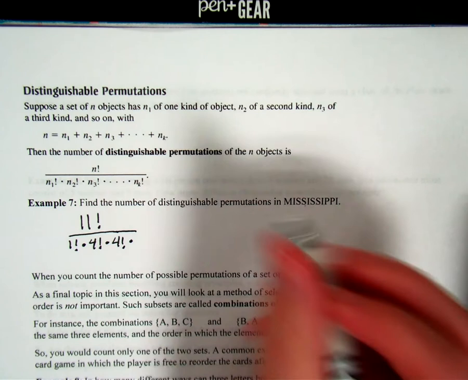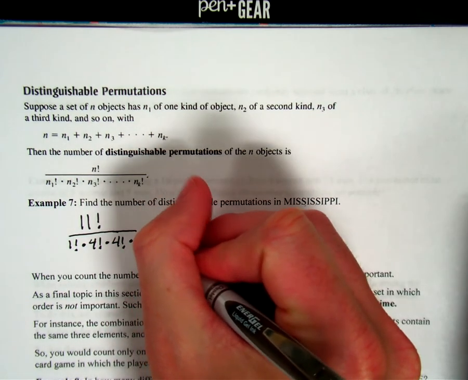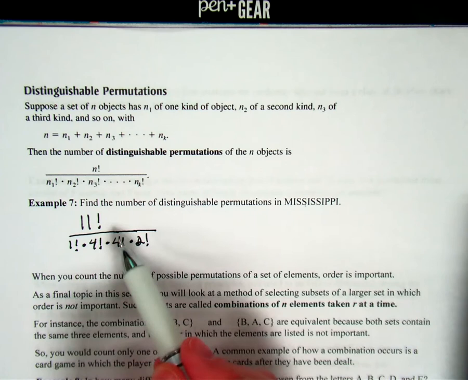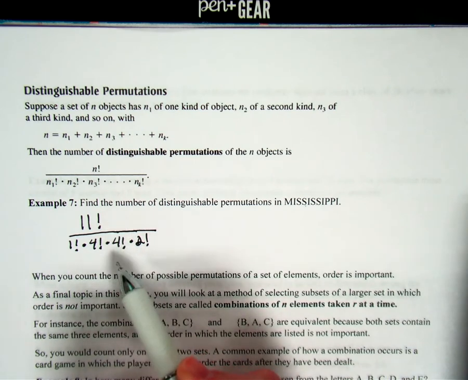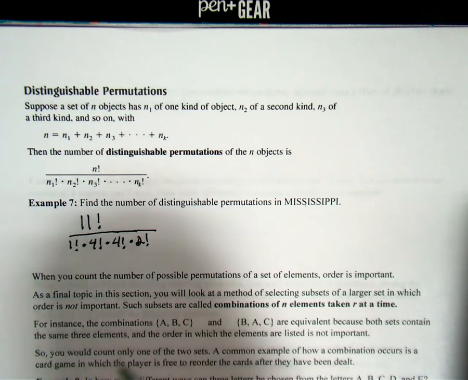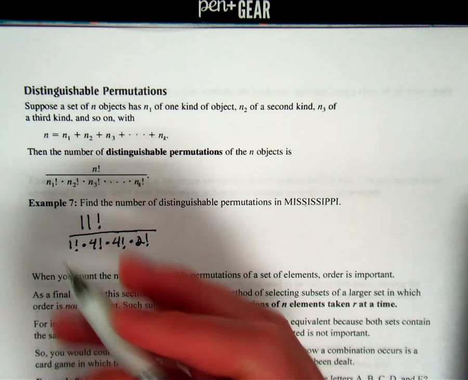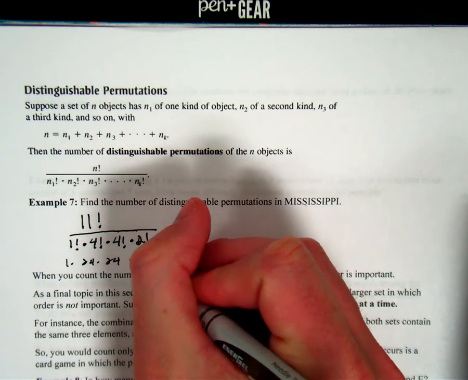And we have 2 p's. So we've got 11 factorial divided by 1 factorial times 4 factorial times 4 factorial times 2 factorial. So 4 times 3 is 12, times 2 is 24. So we get 1 times 24 times 24 times 2 on the bottom.